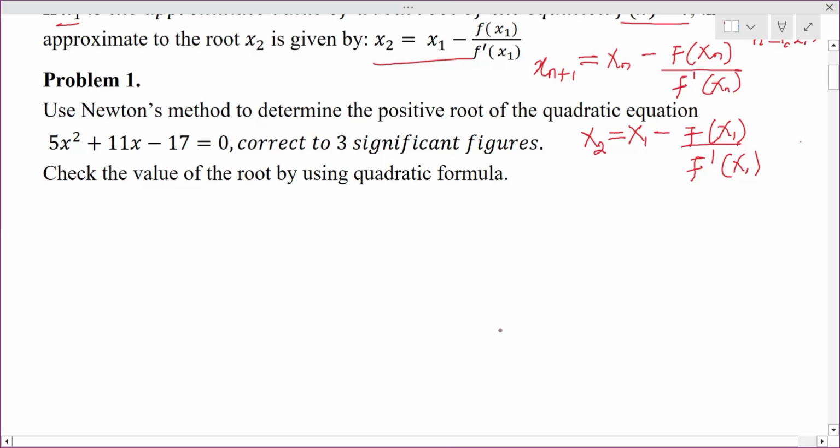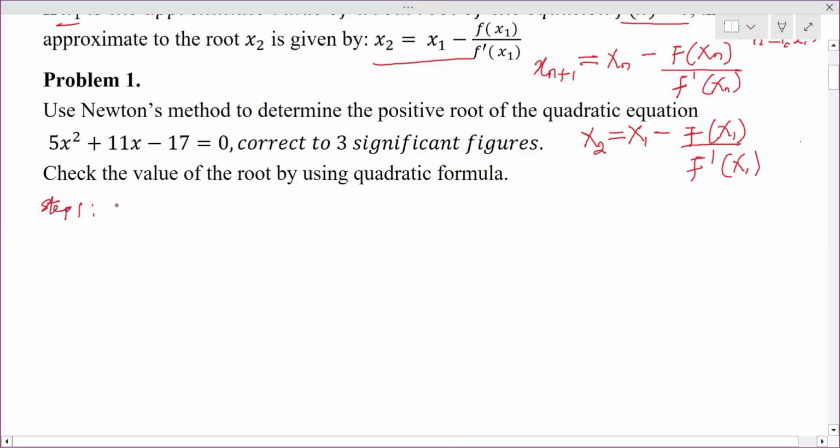So in doing this, you have to follow steps. Step 1 is to understand the formula, right? You have to understand the formula.